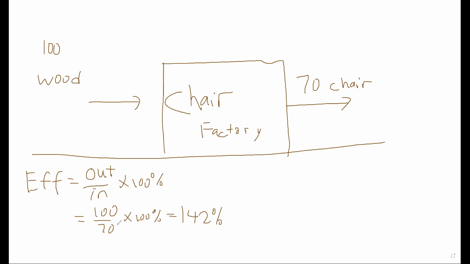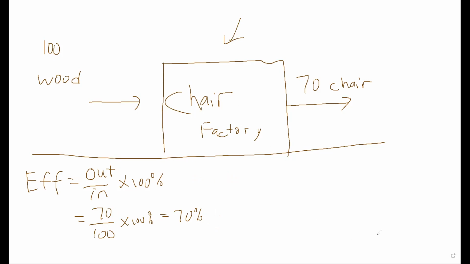So commonly, if you get an answer that is more than 100%, all you need to do is most likely swap the output and the input, and you just go 70 over 100 multiplied by 100%, which ultimately will give you 70%, which means, in theory, this chair factory is 70% efficient.